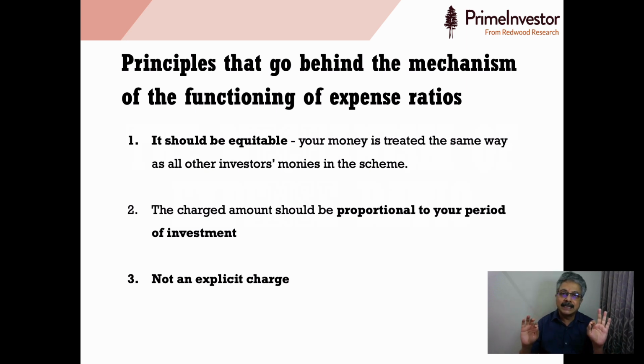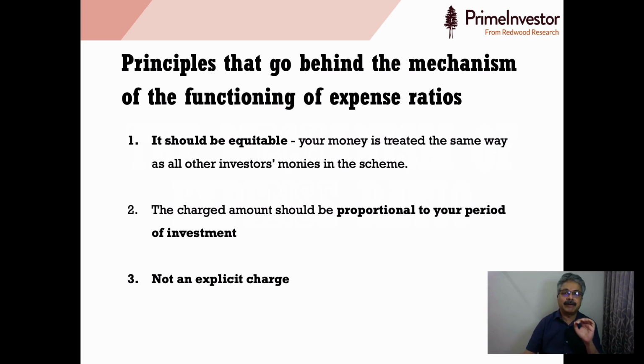And the second thing is, the amount you pay should be in proportion to the amount of time that you invest in that mutual fund. And preferably, it should not be an explicit charge, because explicit charges are very difficult to collect, especially in a very long-term investment like a mutual fund. So, 3 principles: same for everybody, proportional to the time frame of investment, and implicit charge.